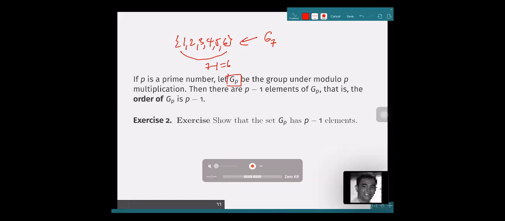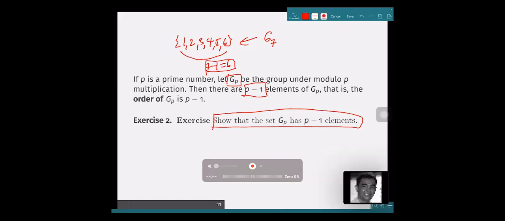In other words, if you have G of P, your group of numbers less than P, then the number of elements of that group is P minus 1.